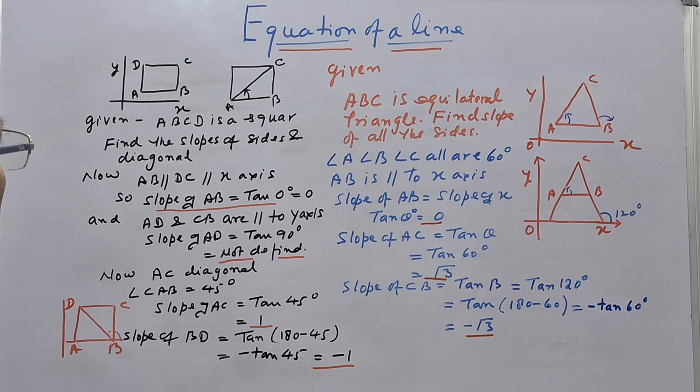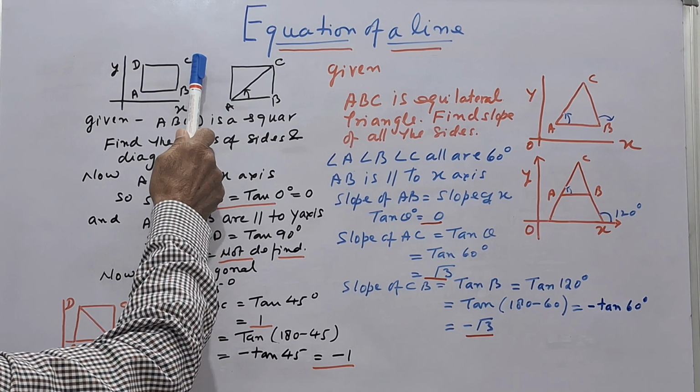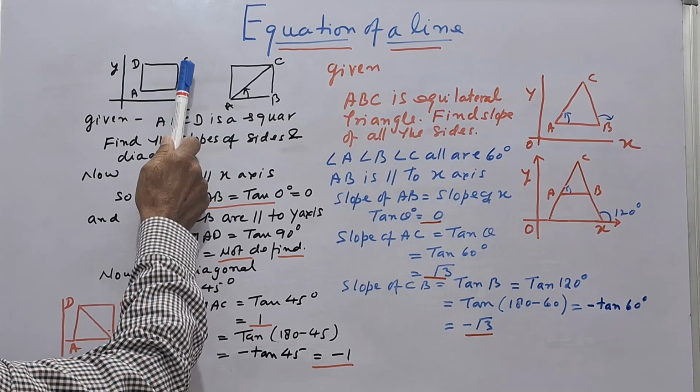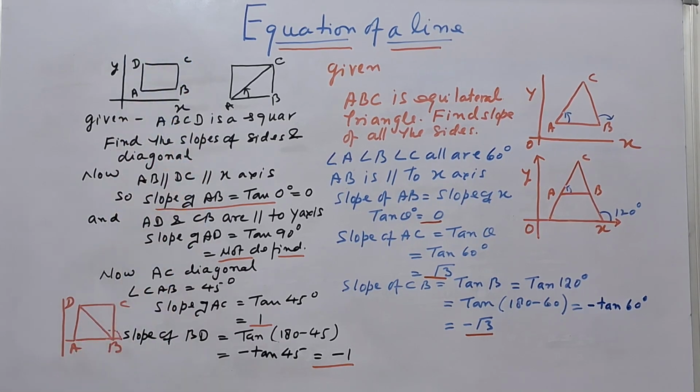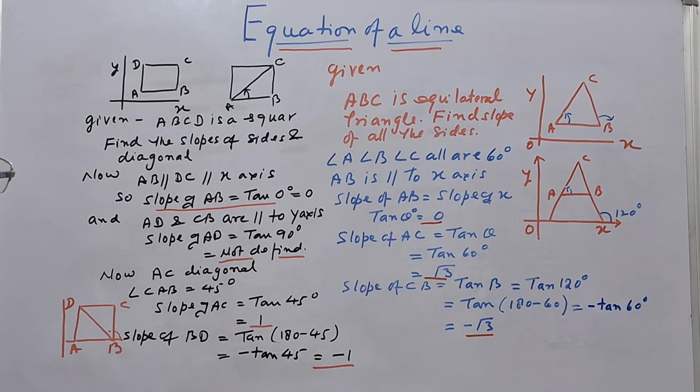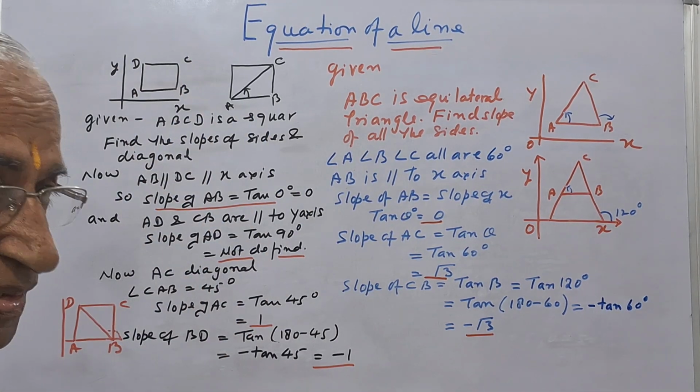Now we take the example of the square. ABCD is a square. We have to find out the slopes of all the four sides and the diagonals.